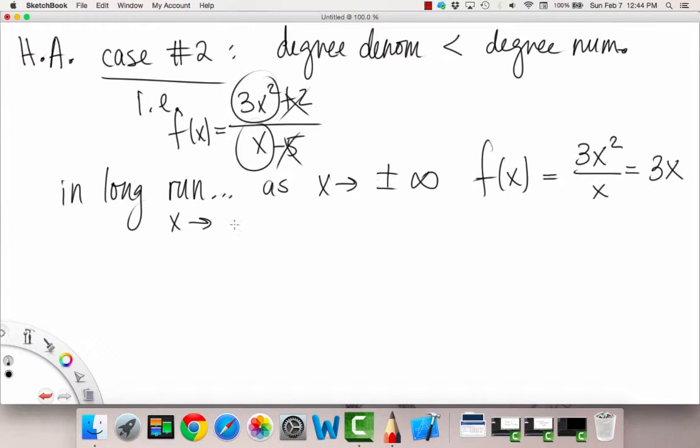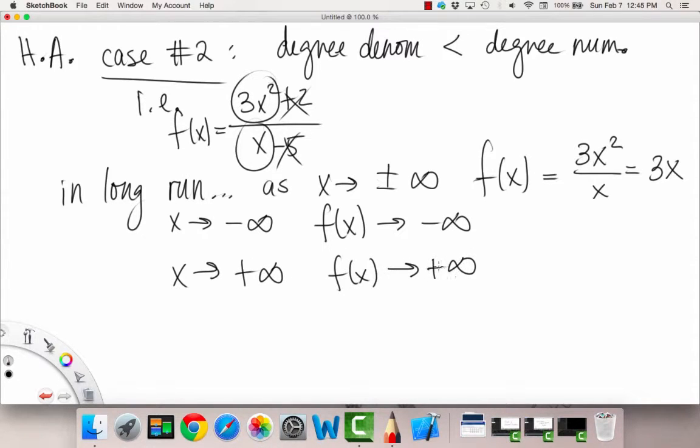So let me just write that down. As x goes to negative infinity, we plug in negative infinity for x, so f of x also goes to negative infinity. This is just the equation for a line. And as x goes to positive infinity, our function value goes to positive infinity. So we see there's no horizontal asymptote, because it's going up and down.